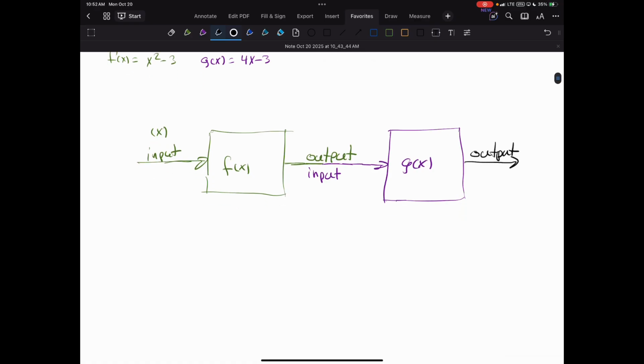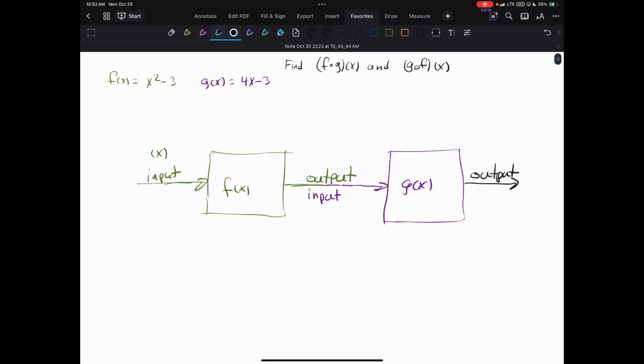That's why I call it a cascade, because it reminds me of a waterfall where one cascades into the other. The output of one becomes the input of the other. So we have our notation here, where what I've drawn is going to be g circle f of x.